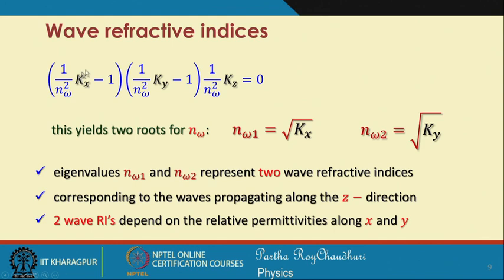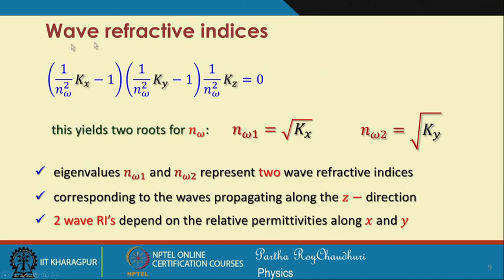Now if you multiply these, this will yield 2 roots of n omega. In any case, n omega is not 0 in general, because we are looking for a finite value solution, and k z cannot be 0. So, this quantity cannot be 0. So, either this is equal to 0 or this bracketed quantity will be equal to 0.